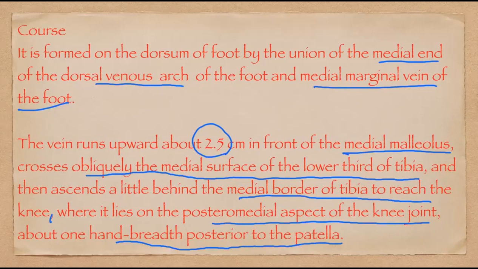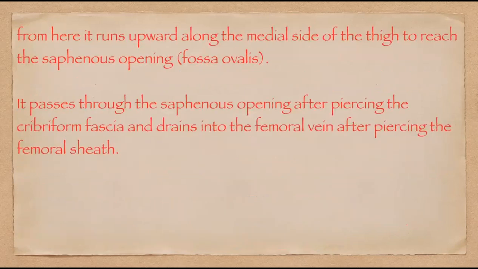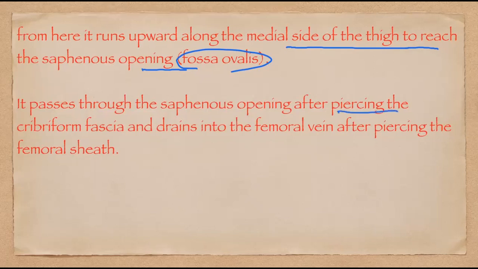We have rehearsed it hundreds of times, right? From here, it runs upwards along the medial side of the thigh to reach the saphenous opening, fossa ovalis. It passes through the saphenous opening after piercing the cribriform fascia and drains into the femoral vein after piercing the femoral sheath, right?